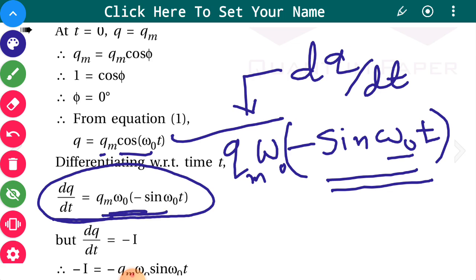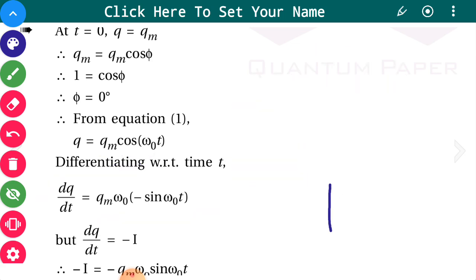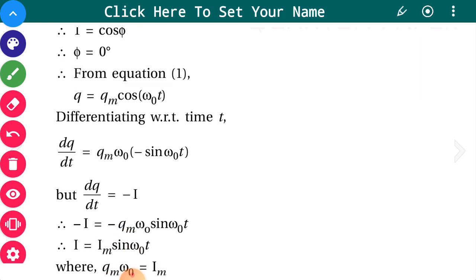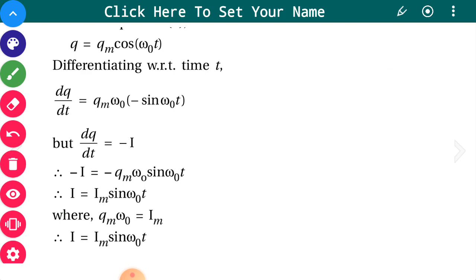Now see, dq by dt is minus I, so we just put minus I. Why minus I? Because the charge on the capacitor reduces, that is why dq by dt is minus I, or I is equal to minus dq by dt.